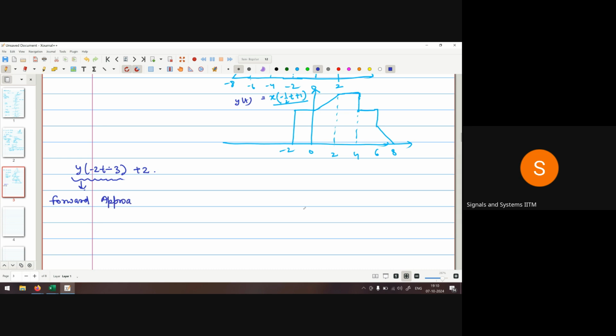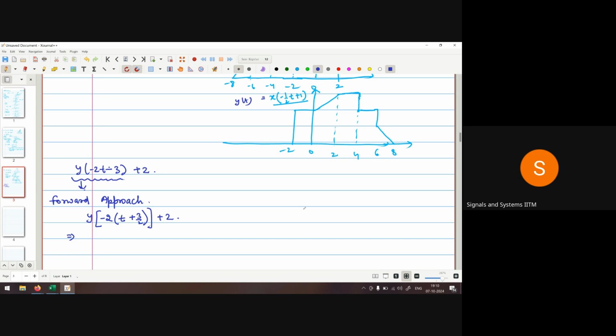Either backward or forward, no issue. Initially a minus sign is coming, so I am taking the minus sign common. Then 2 is coming, so I am taking 2 also common. The remaining is t plus 3 by 2, plus 2.